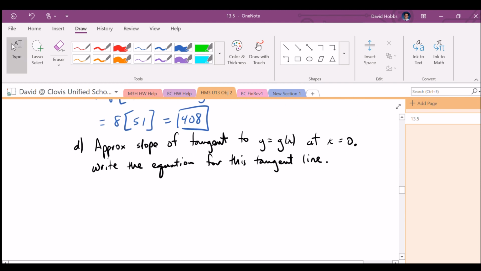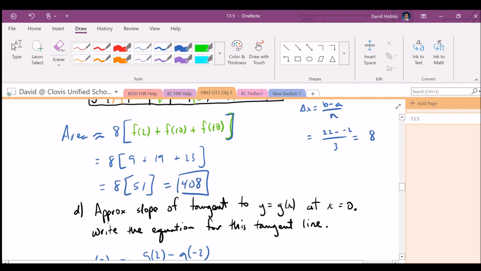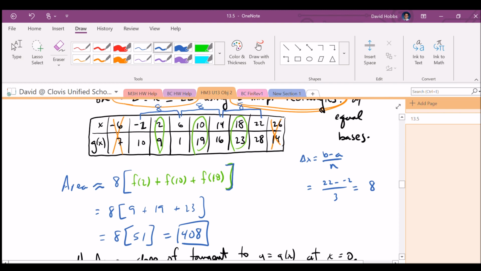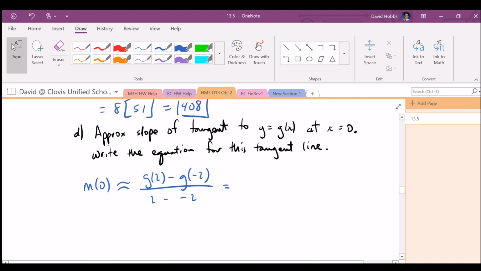So m of 0 is approximately g of 2 minus g of -2 over 2 minus -2. Well, g of 2 is 9, and g of -2 is 10. 2 minus -2 is 4, so -1/4.